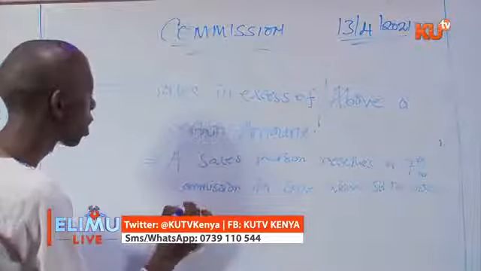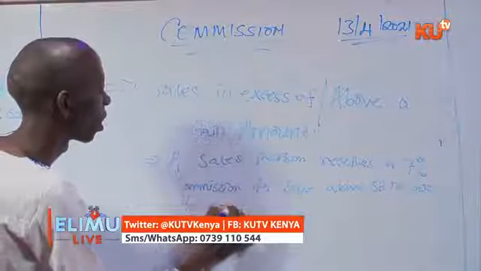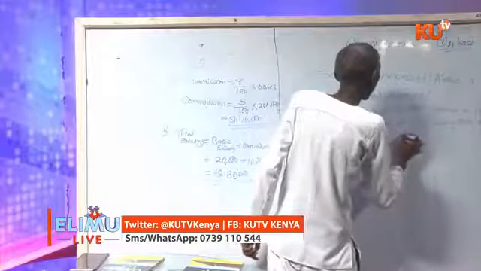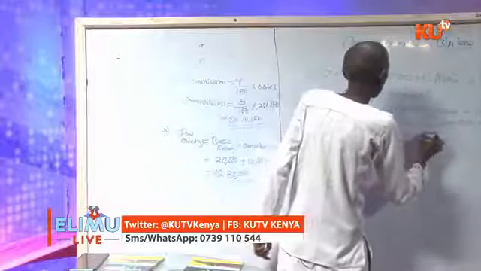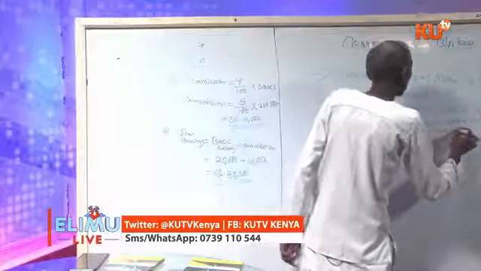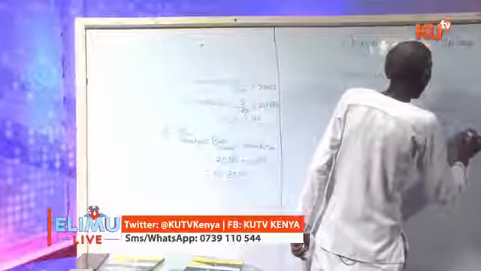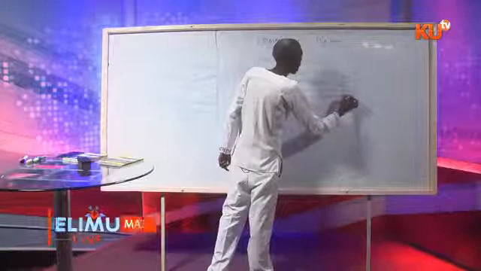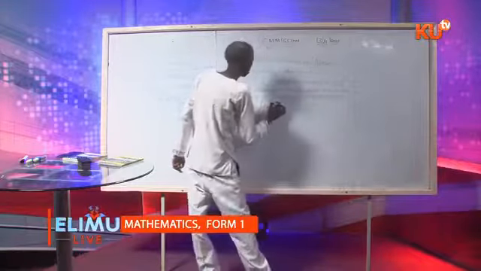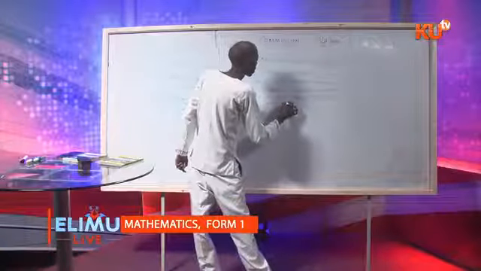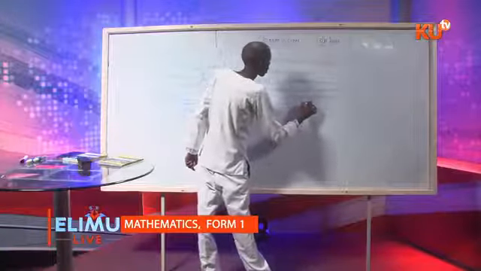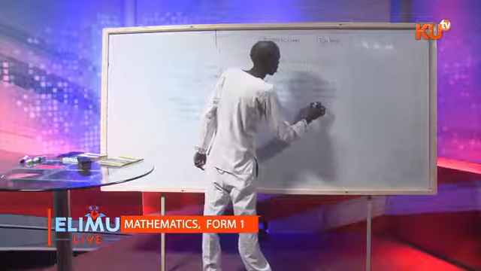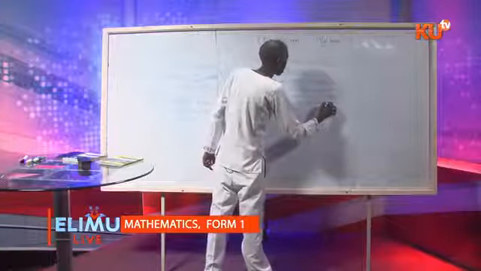He sold goods worth 280,000 shillings. Calculate his commission that month.